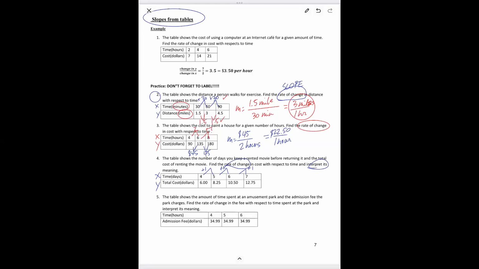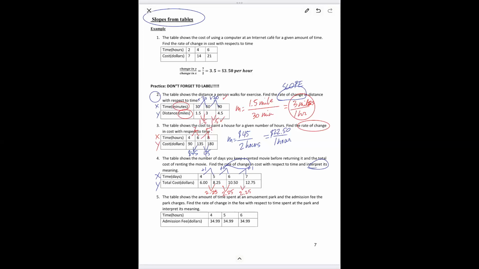All right, now let's find out the cost. So if I take $8.25 and subtract 6, that's going to be $2.25. If I take $10.50 and subtract $8.25, that's also going to be $2.25. And if I take $12.75 and subtract $10.50, that's also going to be $2.25.